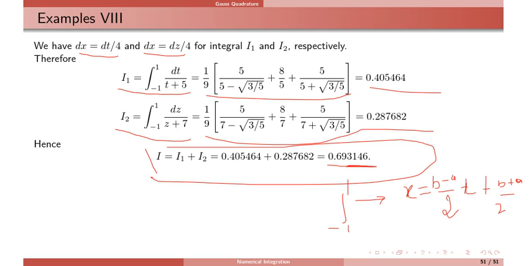Here x is from a to b and t will be from minus 1 to 1. And also don't forget to change dx. So dx will be (b minus a) by 2 dt.